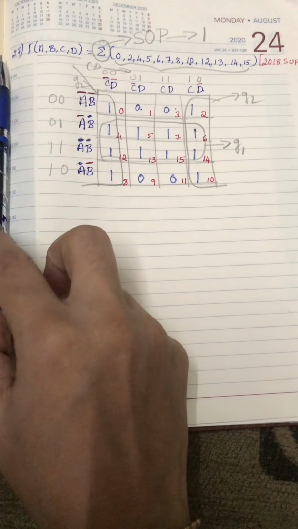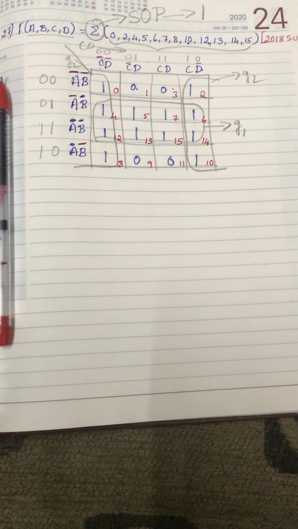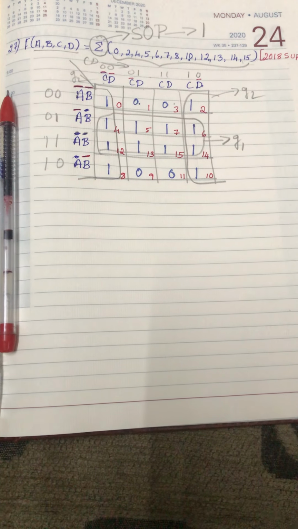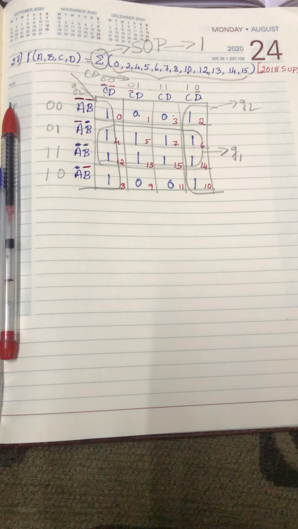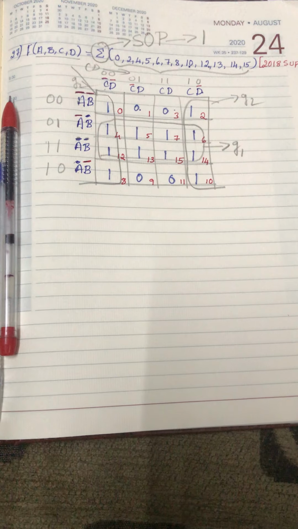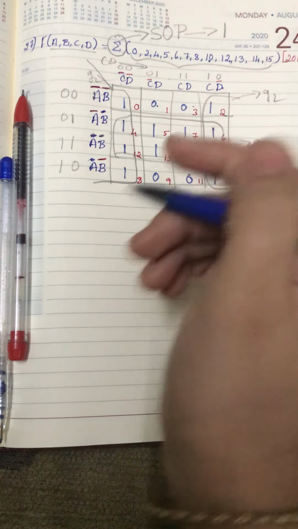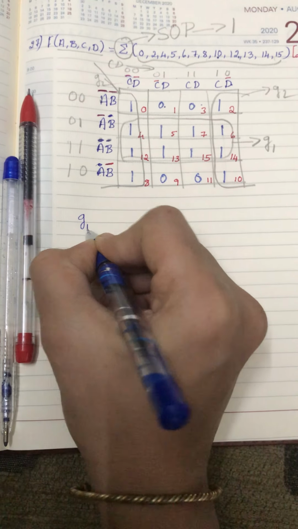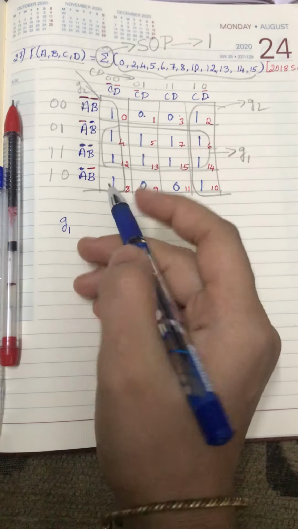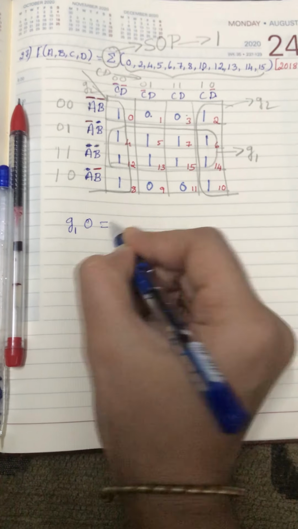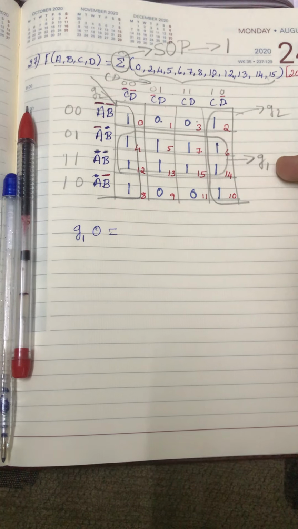After grouping, you are going to write an expression. To write an expression, you need to know how to take common terms. Here this is your first group, G1, which is an octal.